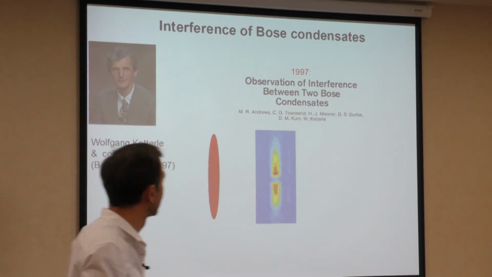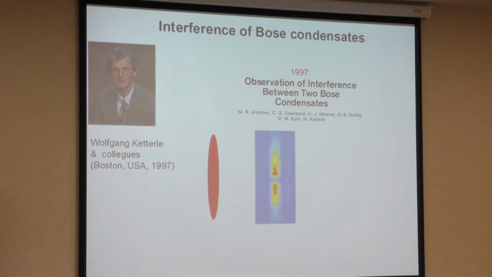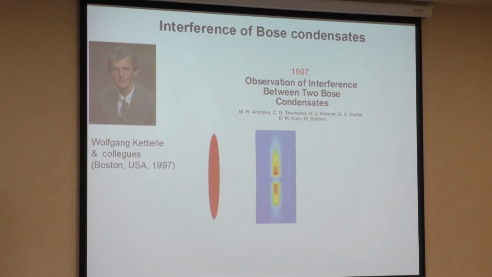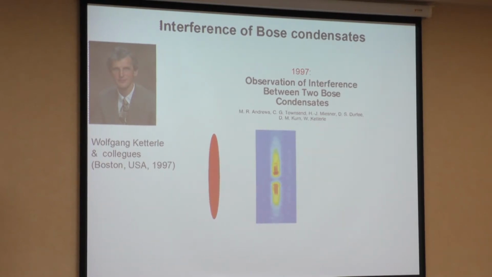The group of Wolfgang Ketterle produced the third Bose-Einstein condensate, and then he also received the Nobel Prize. The Nobel Prize was given to those who got the first and the third Bose-Einstein condensates.